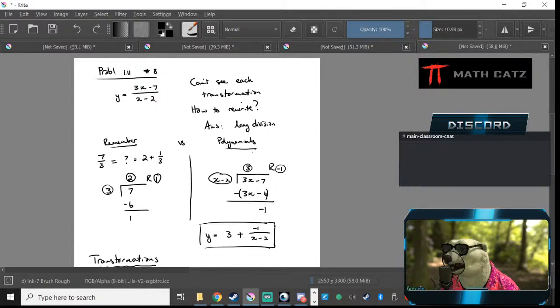Can everyone still hear me and see me? Oh, hiccup. Okay, sounds good. So that was the worst part over. Long division, that's the worst part of this rational function transformation thing.